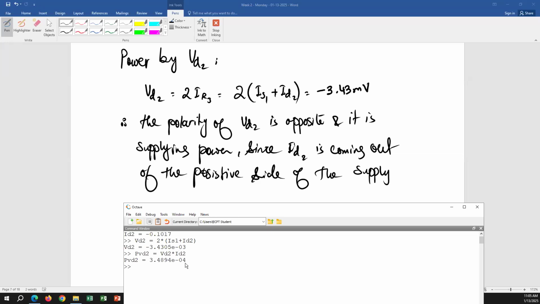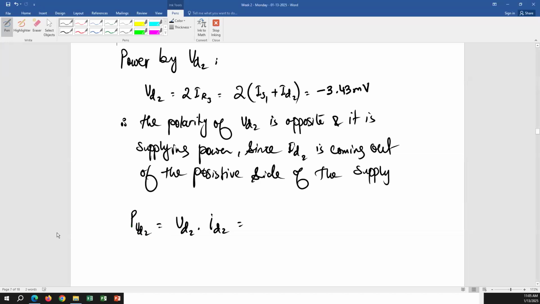So that's going to be 349 microwatt, approximately. 349 microwatt. So that's the power supplied by your dependent voltage source. We still have to find the power supplied by the other two.